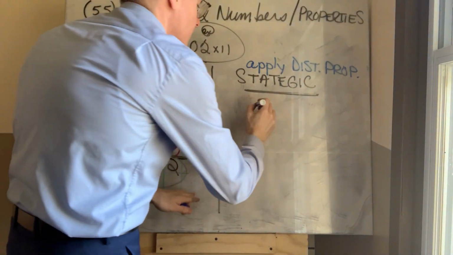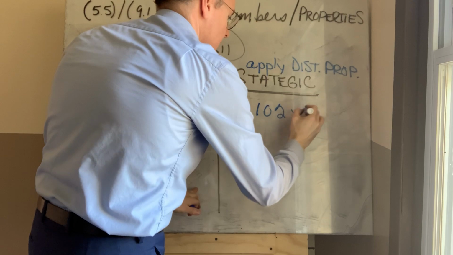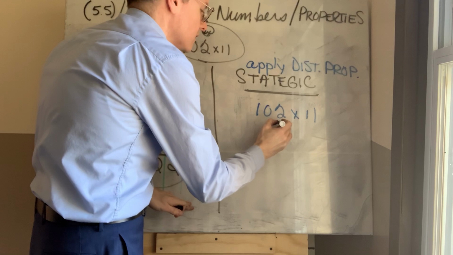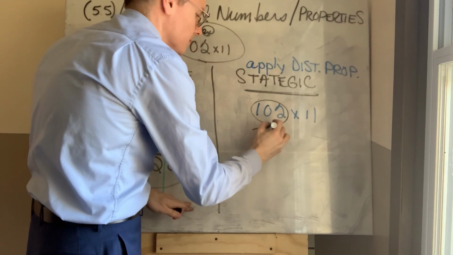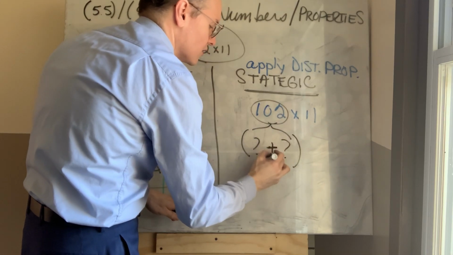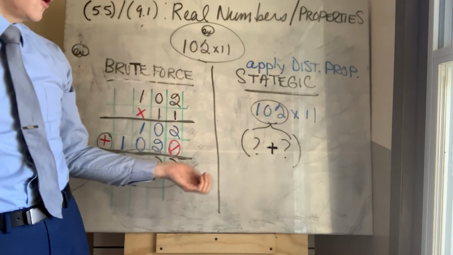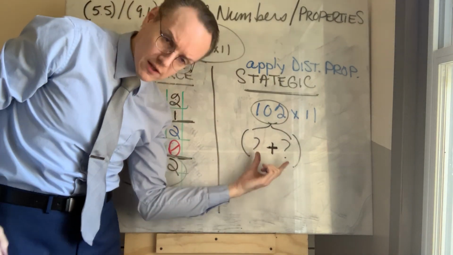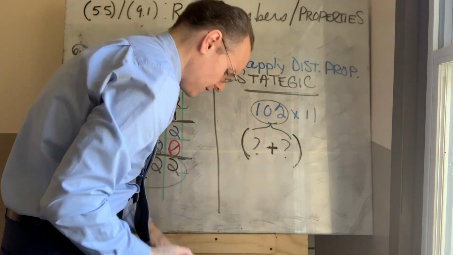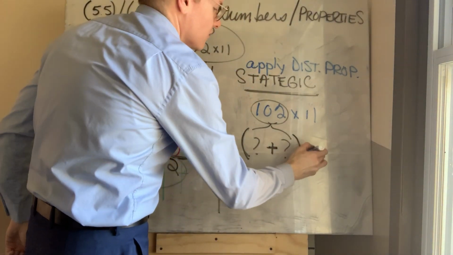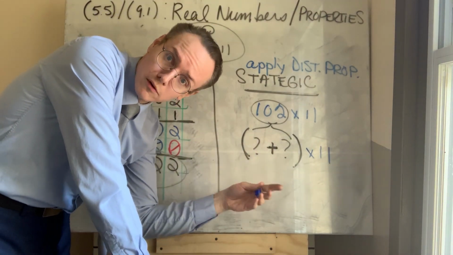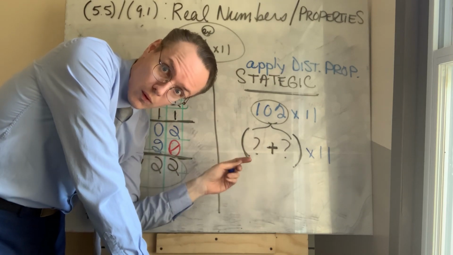So if these are the original numbers, 102 times 11, what you would do is break up this larger number into a sum, since the distributive property over addition would be a sum inside parentheses. And then you have this 11 as the factor on the outside that alternatively you could multiply each of the contents by or do the addition first.